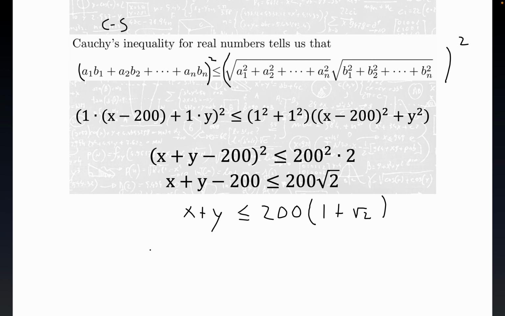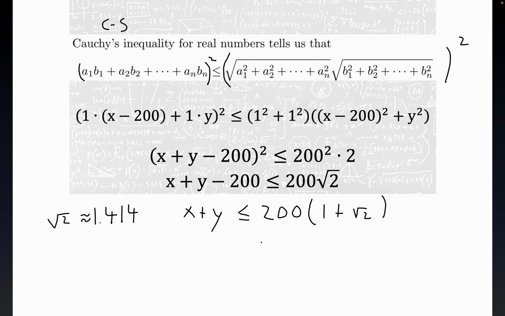For root 2, I'm going to use the decimal approximation, which is not hard to see since 1.4 squared is 1.96. I think the contestants in these competitions have this memorized and they can use it. Okay, it's about like this. And again, not too hard to see because 1.4 squared is 1.96, so it's kind of easy to remember that.